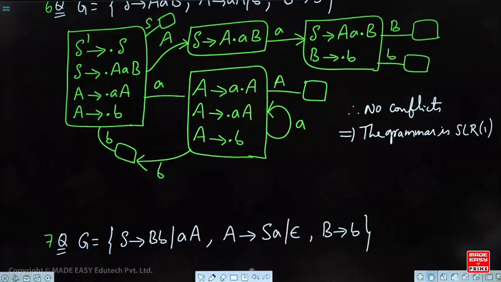If it is ambiguous, even though I don't check for ambiguity, when I do this, definitely I will get conflict, either shift-reduce or reduce-reduce. But there is no conflict, because then it is SLR of 1. Whenever it is SLR of 1, 100% it is unambiguous. So you are saying that it is ambiguous. So what is the string? Tell me. That string I will try here. Definitely you must have got some string, no? For the same string, different parse trace.